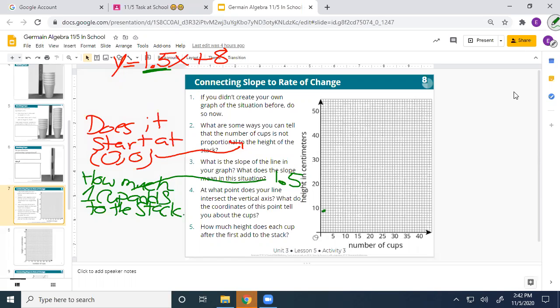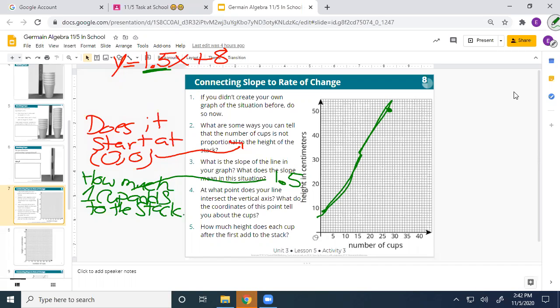Okay, this one's probably not going to be perfect, but it's the general area. I'm just recreating it here. Where does it intersect our vertical axis? Look on your graph, which has a straight line on it. Where does our equation line hit the y-axis, or the vertical axis?